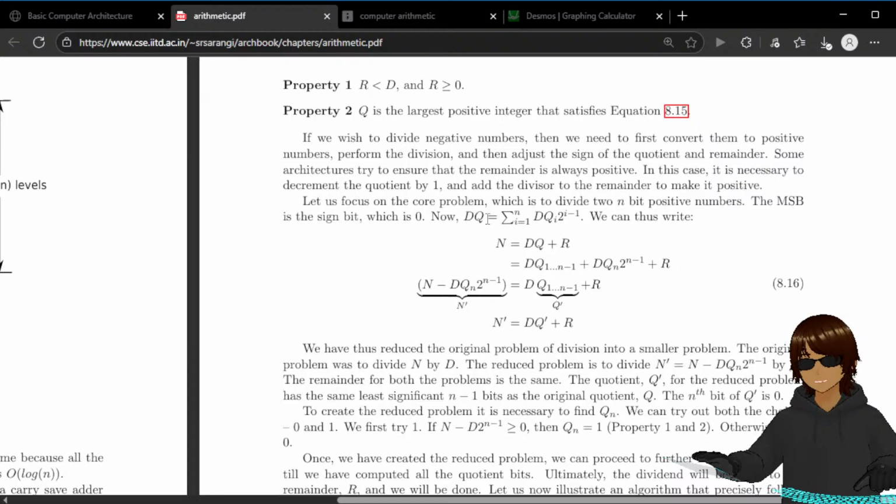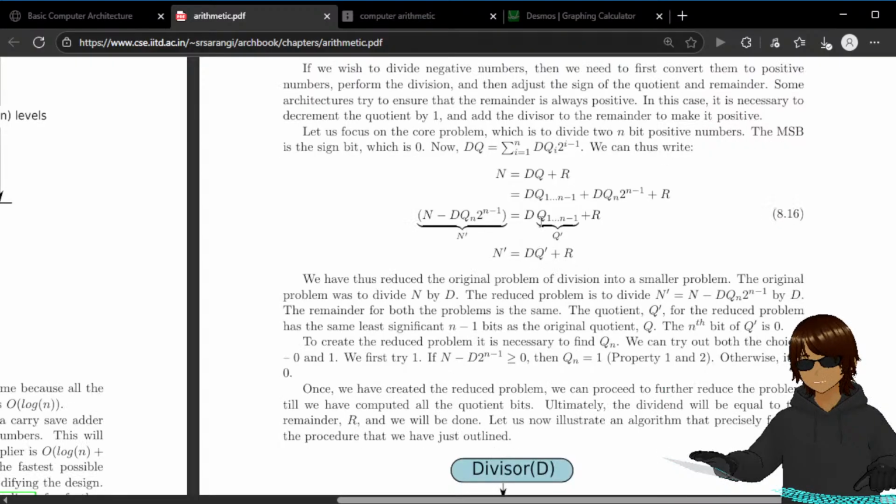Hold on, what are they doing? And then they use dq_i all the way till n minus 1 plus r, and then they now have this new n and the new q.